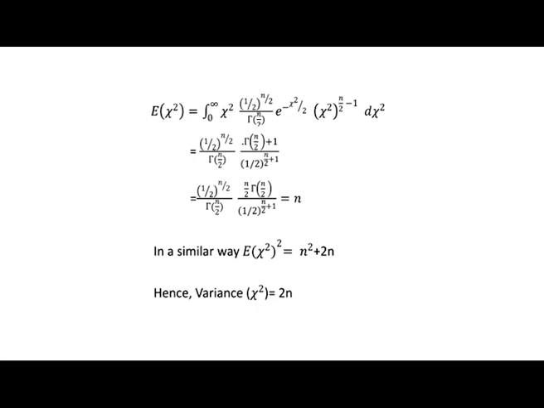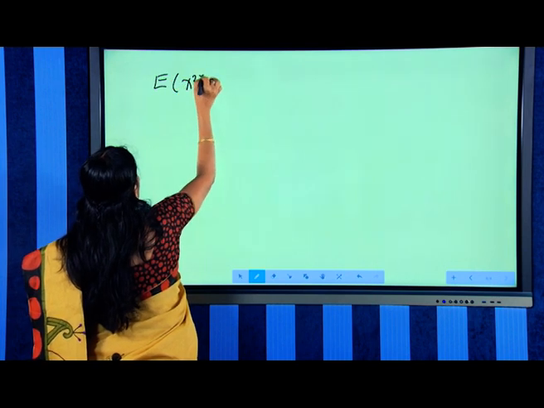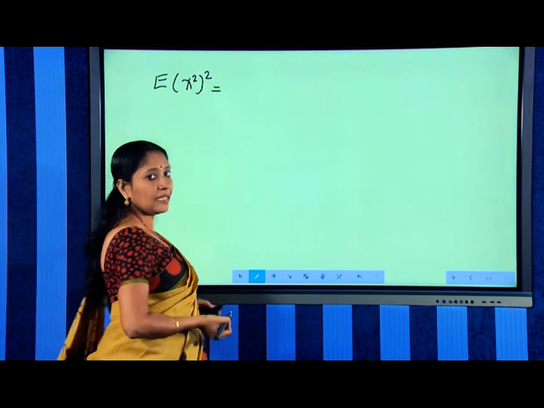Similarly, we can find out expectation of chi-square square, that is the second moment.